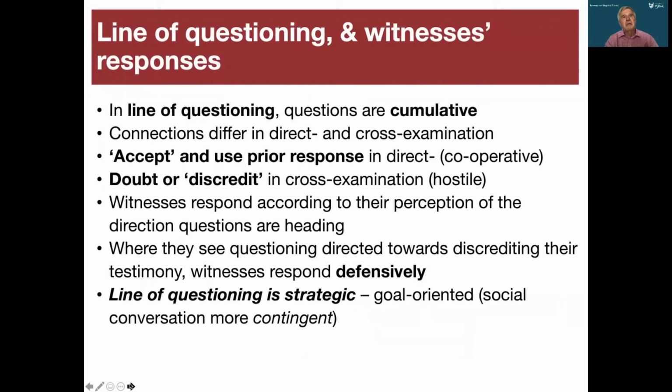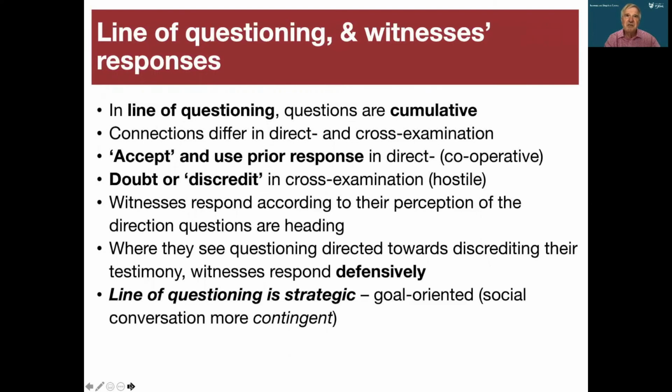So here is the summary, really, of that. What one sees is that questions, first of all, are connected together. They are not random or unconnected. They build in a sequence. So they're cumulative, and we call this a line of questioning. That is very different from questions in other settings, and very different, of course, from ordinary social talk.